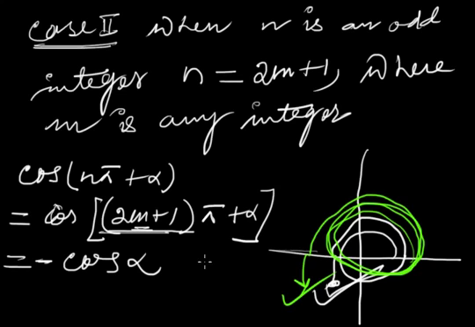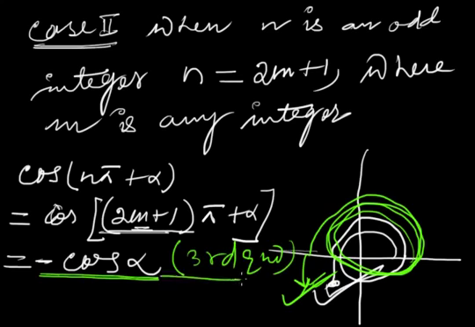Here also the resultant lies in the third quadrant, hence the value will be minus cos α. This one is for the third quadrant. We number this equation 2.